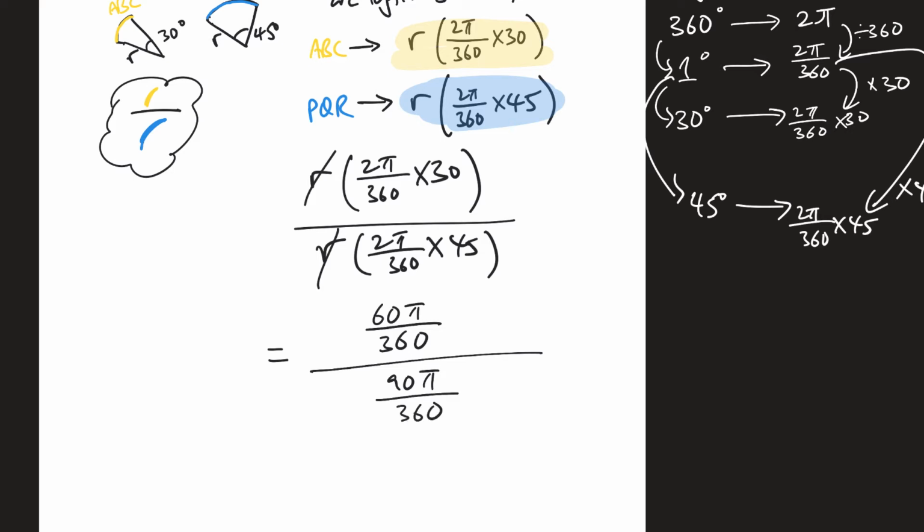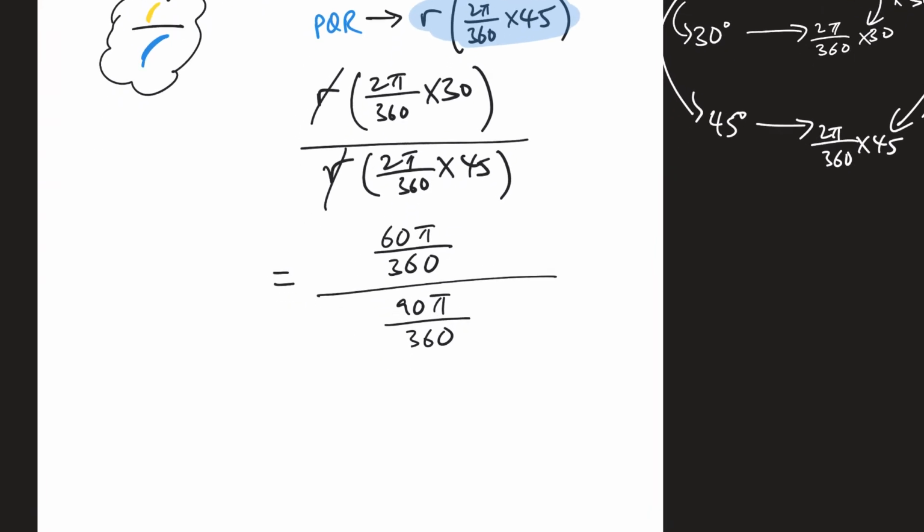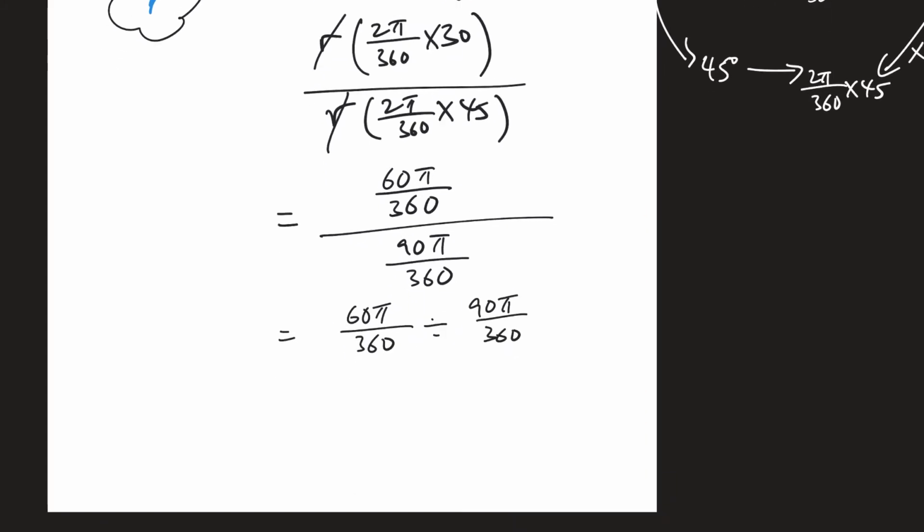But the first step is I'm just multiplying the 30 into the numerator to get 60 pi, and 45 into the numerator here to get 90 pi. And then after that, I realized that this is 60 pi over 360 divided by 90 pi, and that gives me... I flip the fraction when I change divide to multiply.